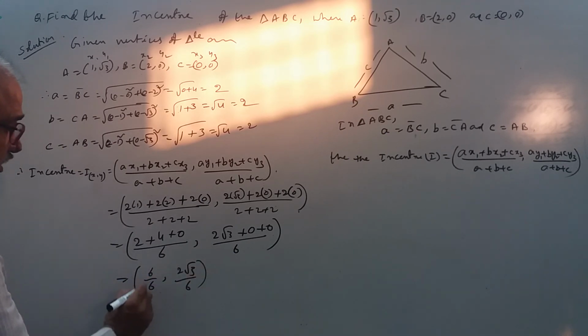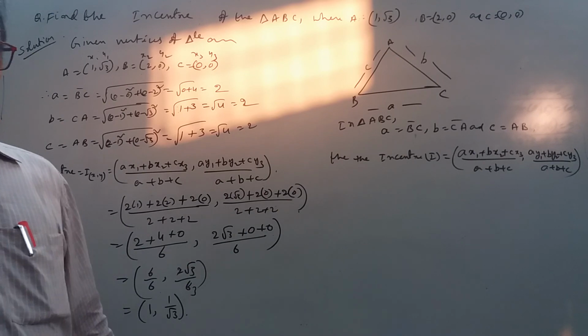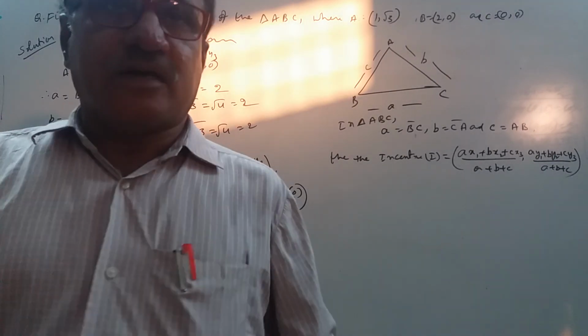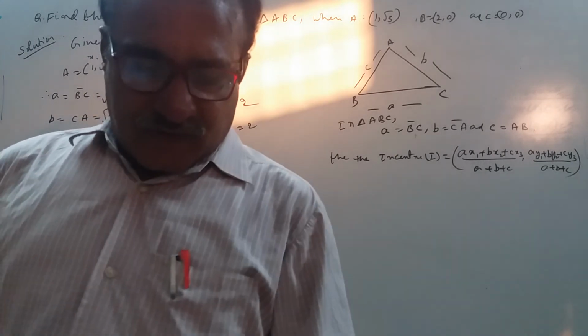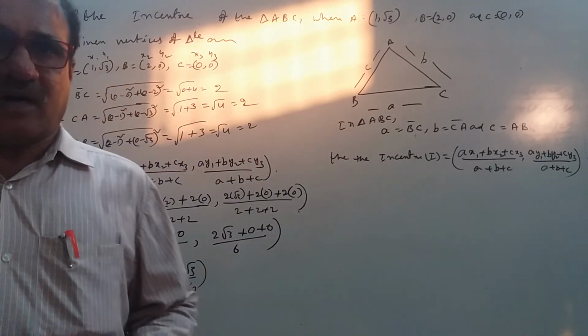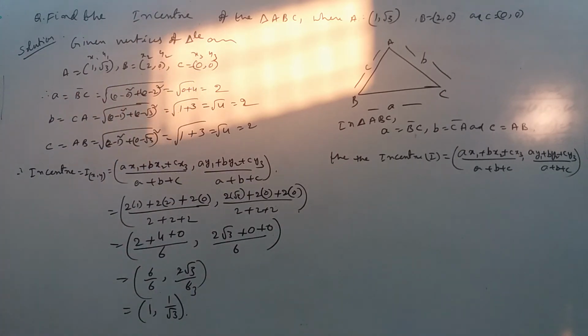This is nothing but 1, comma, root 3 by 3, that means 1 by root 3. This is the incenter of the given triangle. Okay. Now we will further go to orthocenter and circumcenter in the second video.